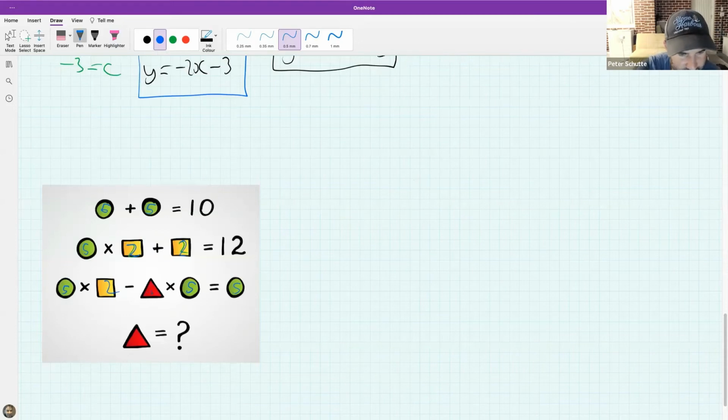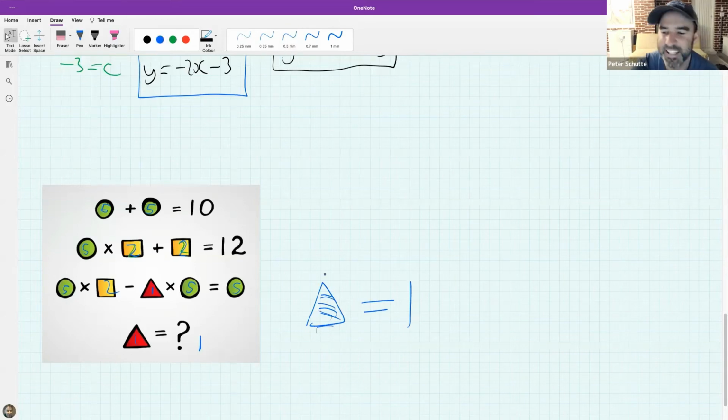And then this should be 1. So the red triangle is equal to 1. Well done to Notile, Siabonga, Teddy. Lots of you got that right. Well done. Next time, guys, I need to take it up a notch. So well done to everyone there.